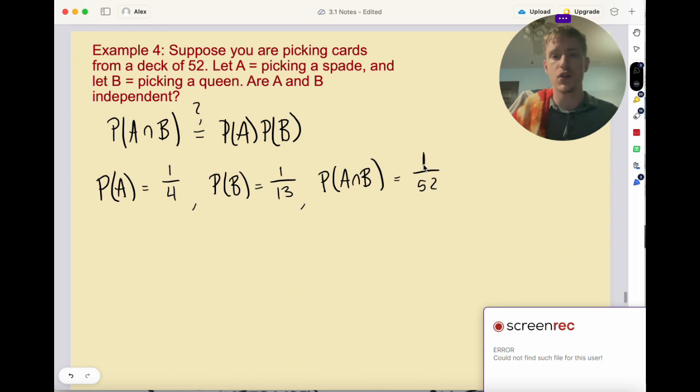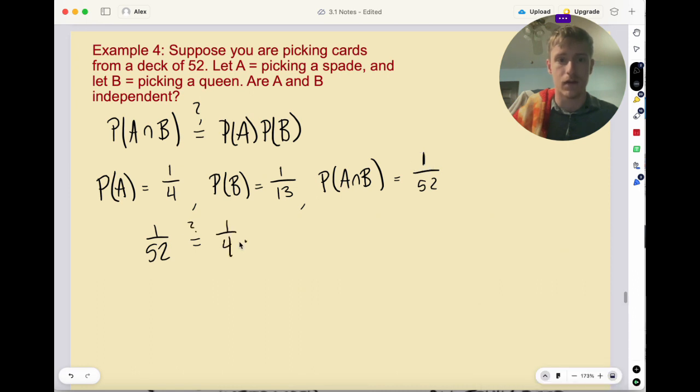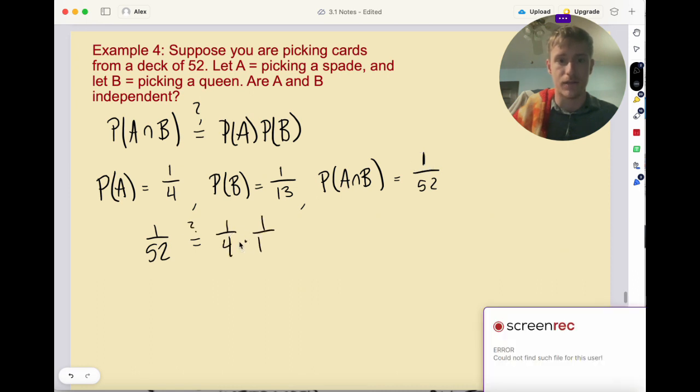So all we have to do is check a little condition: that the probability of the intersection equals the product of P of A and P of B. This is clearly true. This is equal to 1/52, so that's true. So A and B are indeed independent.